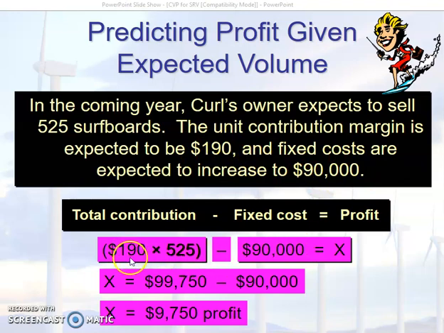We take the 190 contribution margin per unit, multiply it by the 525 sales units, and subtract out the fixed cost. This equation gives us 99,750 minus our fixed cost, and we can say, okay, given this level of activity, we have $9,750 profit. So maybe we want to figure out ways to reduce our variable cost, increase our sales price, or maybe reduce some of our fixed costs that are unnecessary.